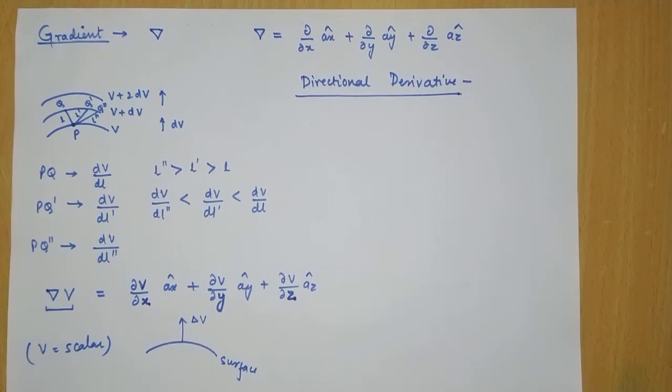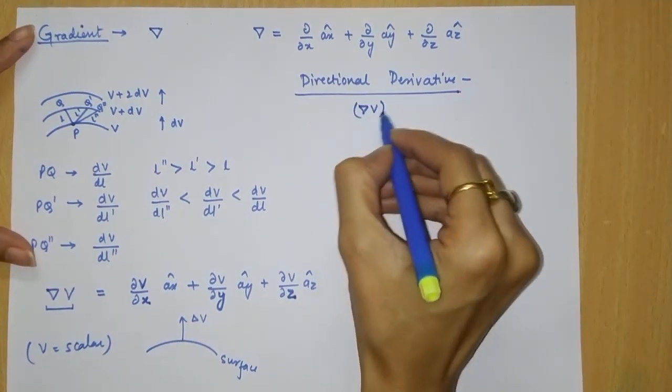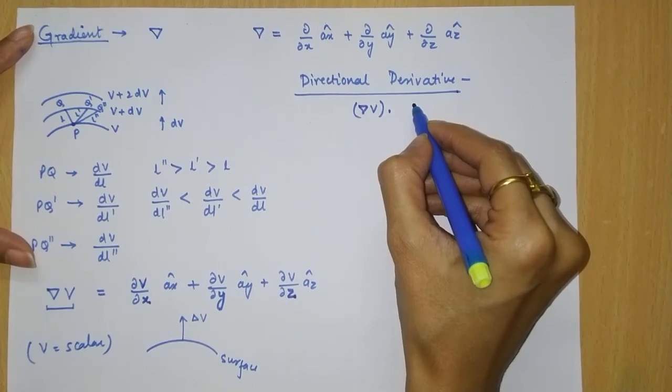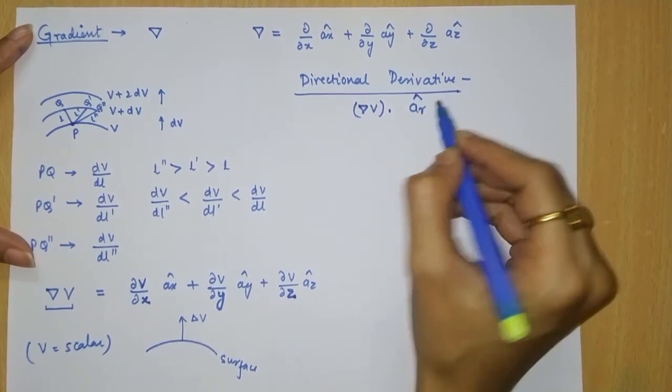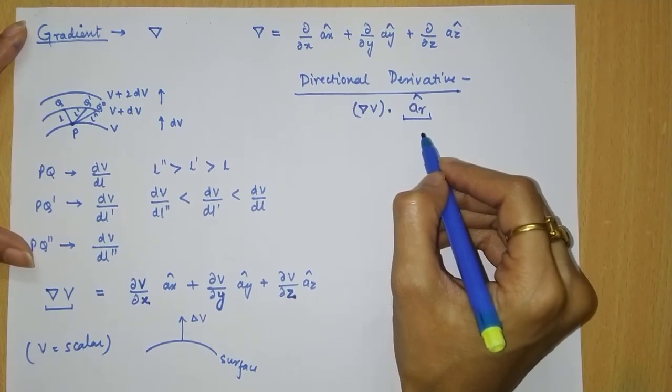Let's say gradient is a derivative in perpendicular direction, perpendicular to the surface, and suppose we want to find it in any other direction, then we have to take the component of gradient in that direction, that is gradient V in the direction of some vector ar cap. This is the unit vector in that direction.